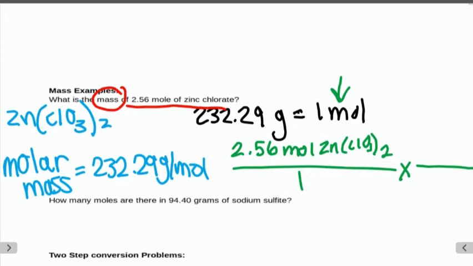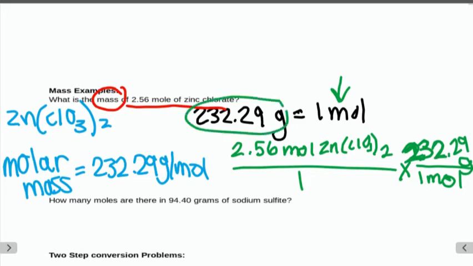So we will continue by writing 1 mole down here, is equal to 232.29 grams. I'm sorry, I'm running out of space, but you are just rewriting this number at the top.